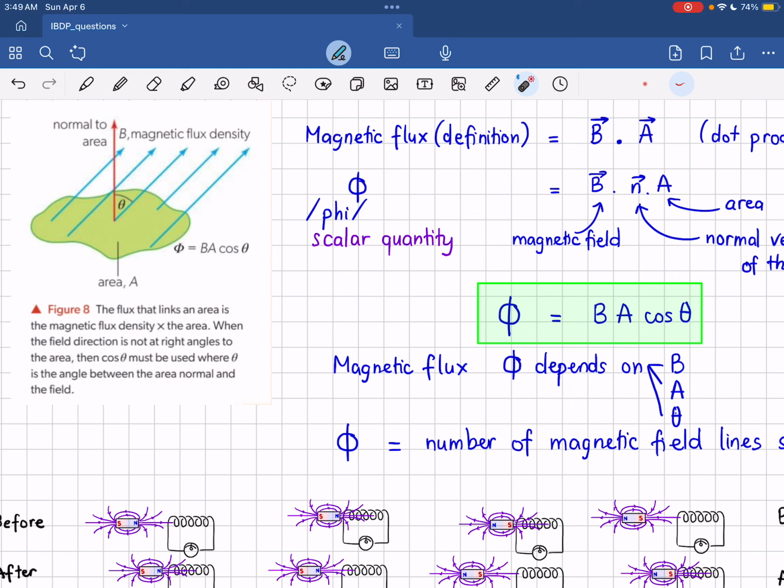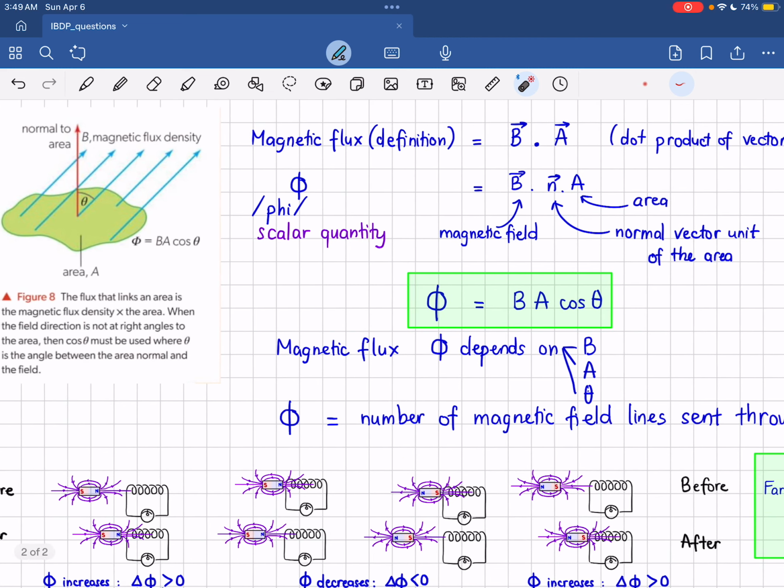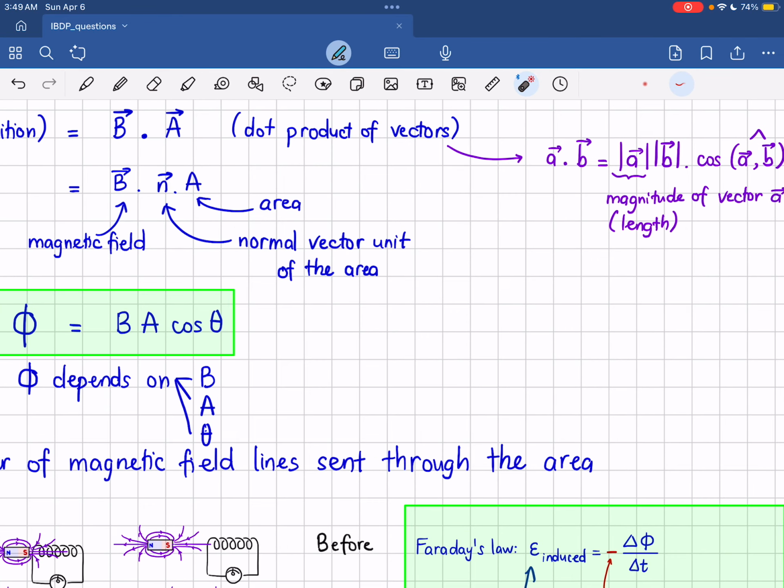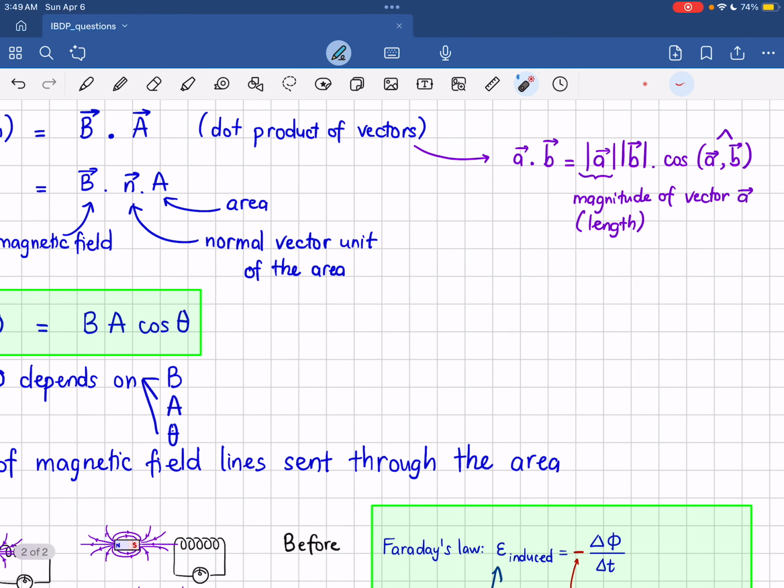Sounds good? Okay, and here we just have a uniform magnetic field B. So magnetic flux here is a dot product. By the definition of the dot product of vectors, if you want to recall, it's just the magnitude of the first vector A, the length of vector A, times the magnitude of vector B, times the cosine of the angle between these two vectors.